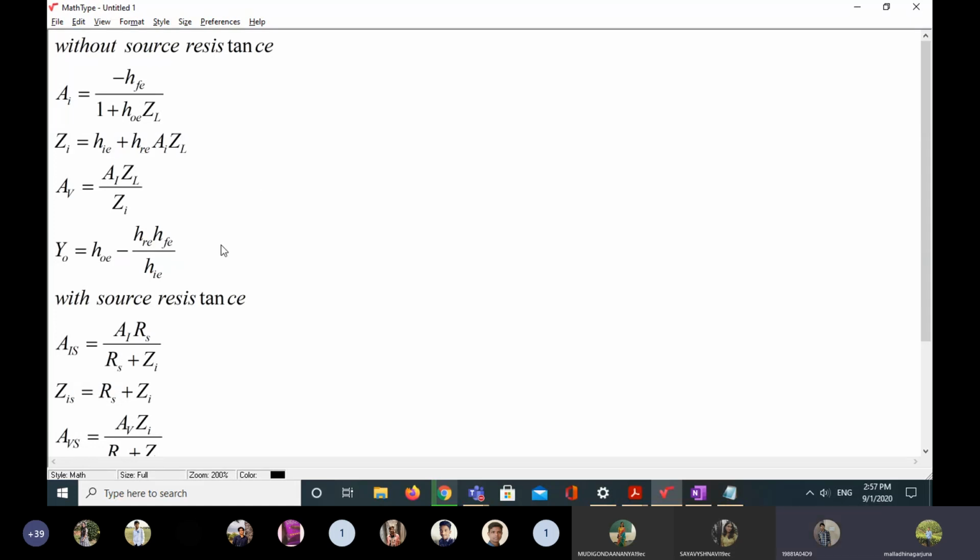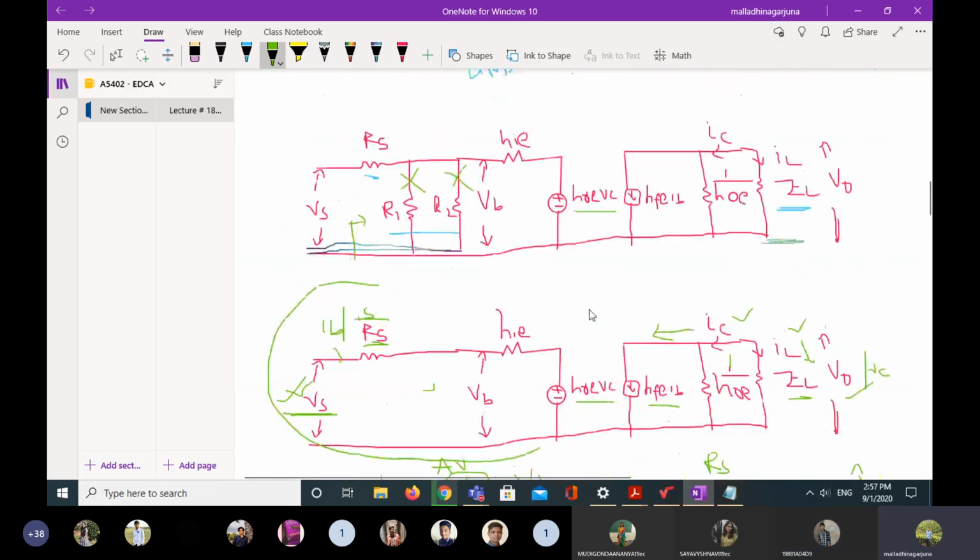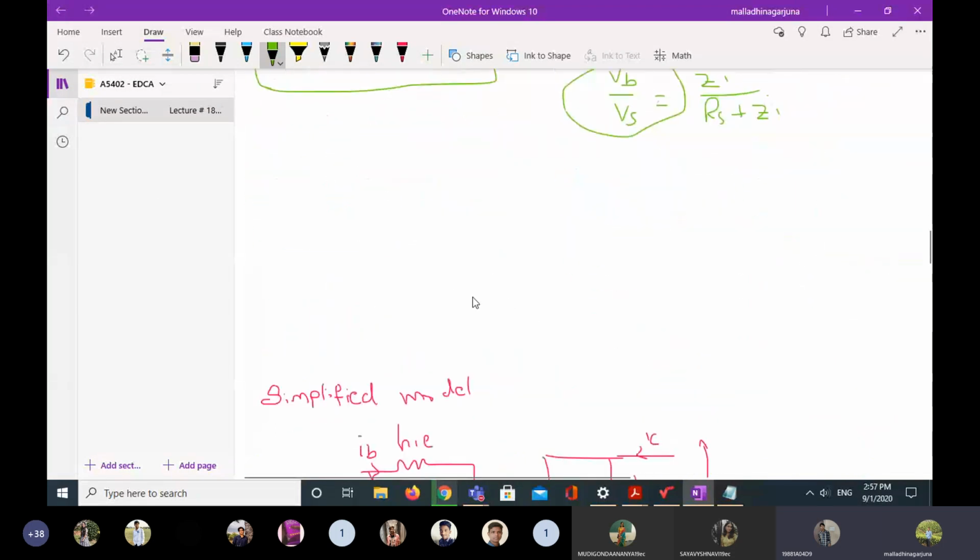Sir, can you show the circuit also? Which one? Current gain. Okay, so I will redraw this current gain circuit.